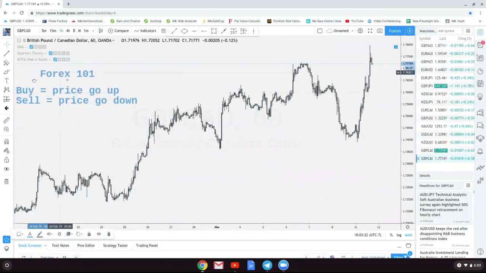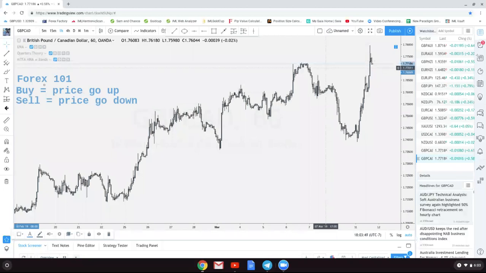Okay, so if we want to catch the most move, when we're buying, would we want to buy at the top or would we want to buy at the bottom? We would want to buy at the bottom because we want to try to catch the way up. It wouldn't make sense if we buy at the peak of the mountain, right? Because we anticipate price to continue to go up, so we wouldn't buy here.